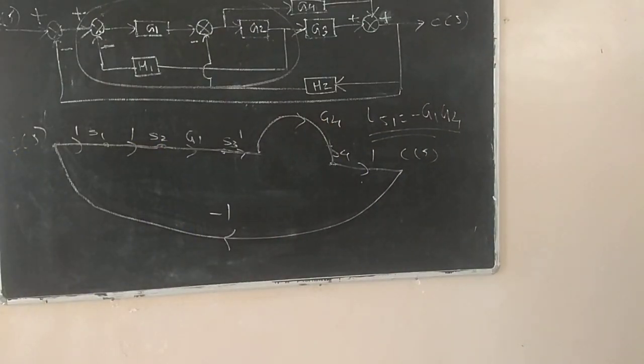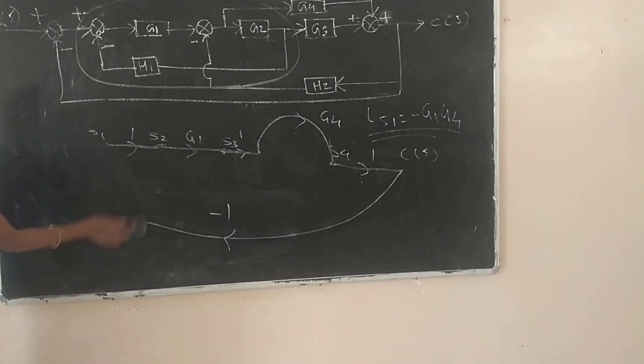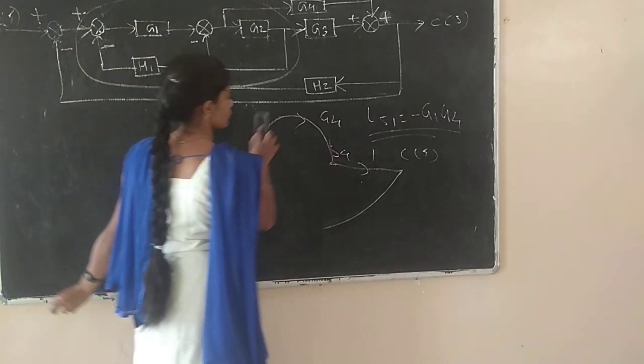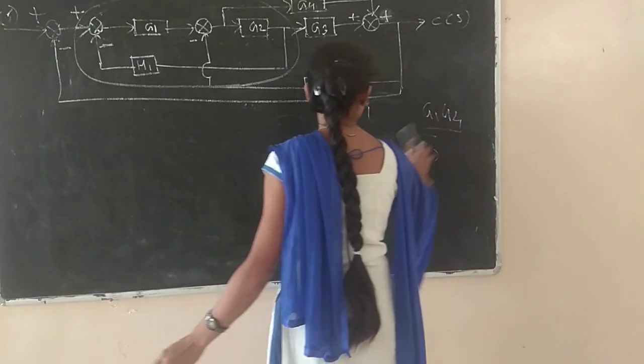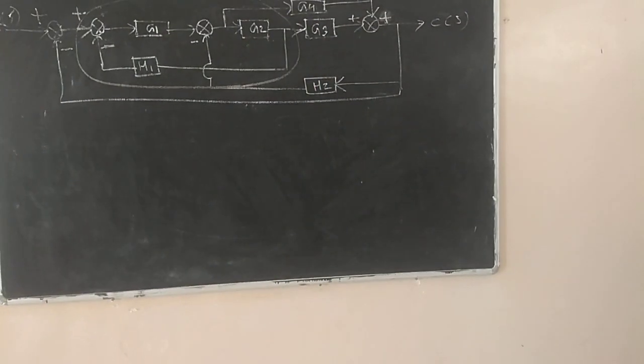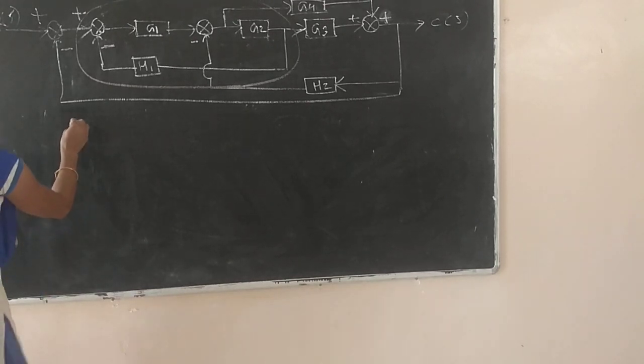Okay. In that diagram, we see the loops. Total loops are 5: L11, L21, L31, L41 and L51. Total 5 loops are present. Then we see the 2 non-touching loops.